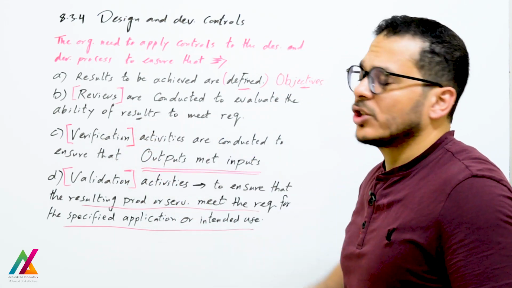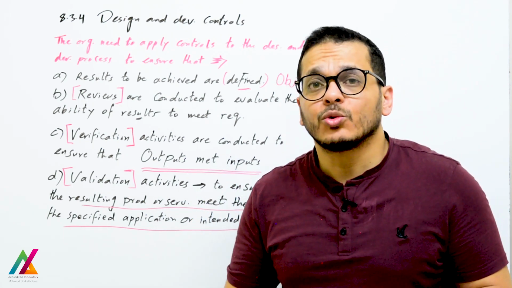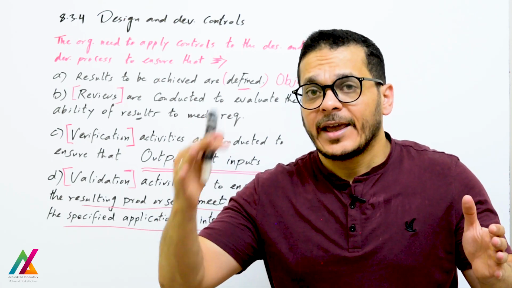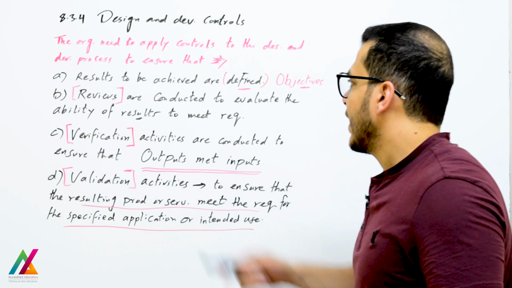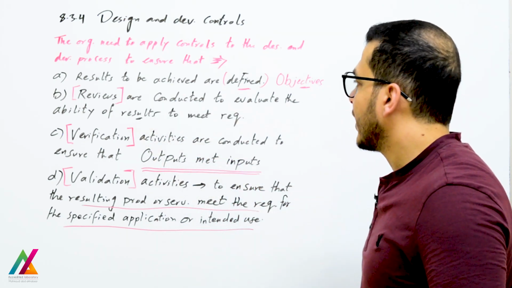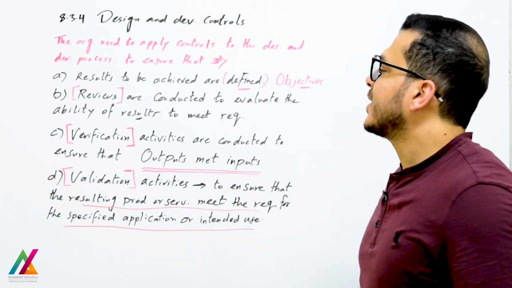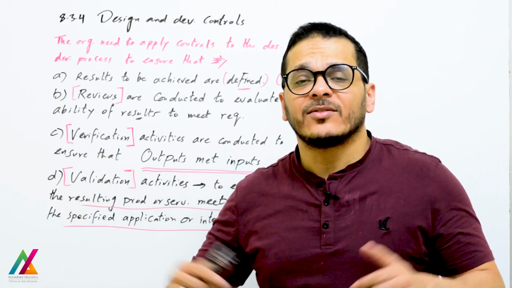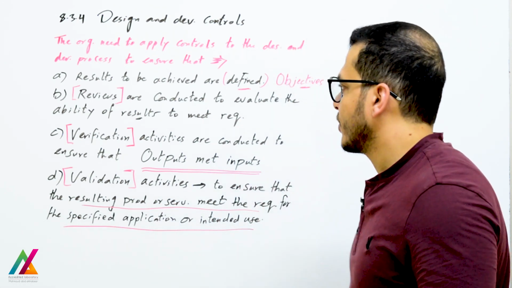And reviews. After that, you need to have some reviews to ensure that all activities inside the process are done as required and will meet the requirements. Reviews are conducted to evaluate the ability of the results to meet the requirement. You need to review all activities inside this process, all stages during the process.